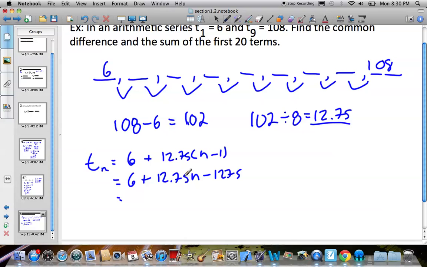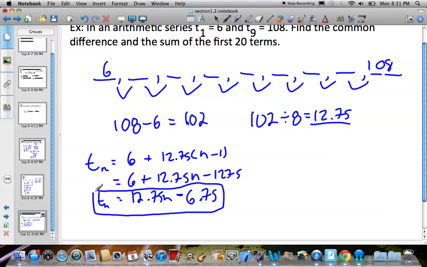I cannot afford to make any more mistakes in this video, so I'm not going to risk it. I'm going to do this on my calculator. And of course, it's something very straightforward: 12.75n minus 6.75. So there we go, that's my T of n.